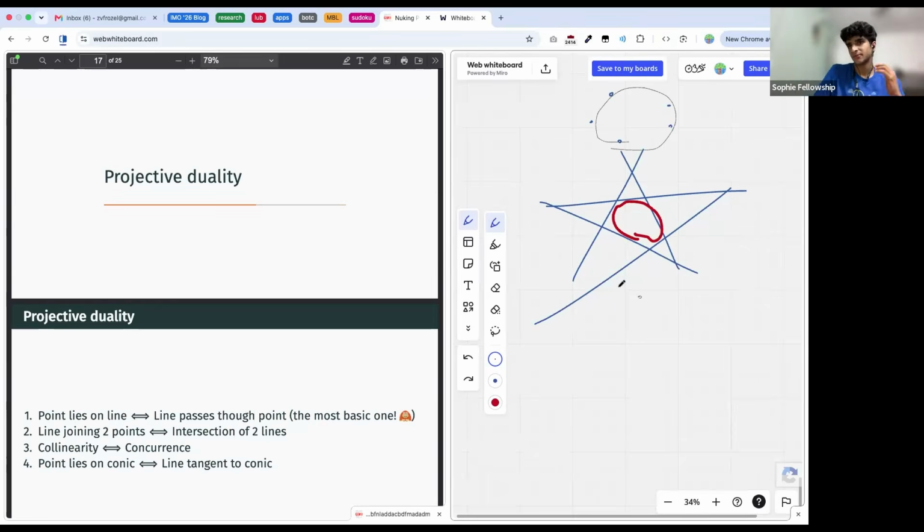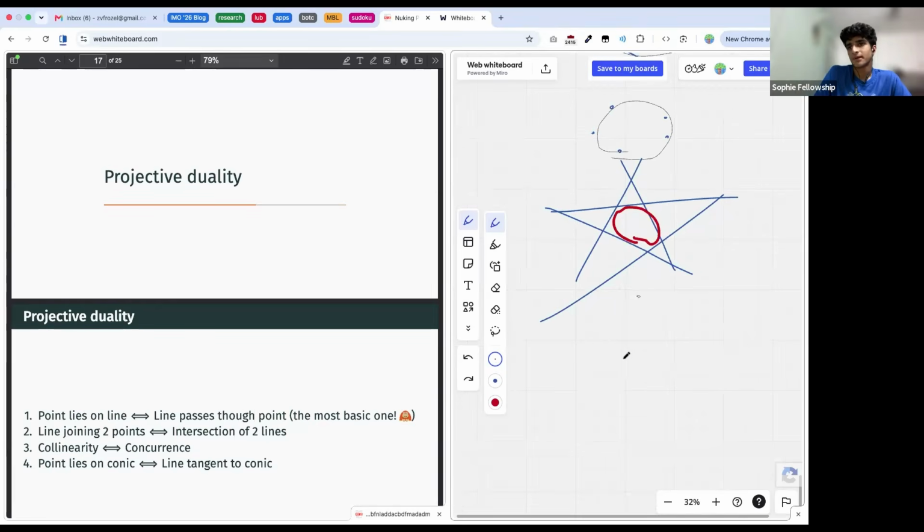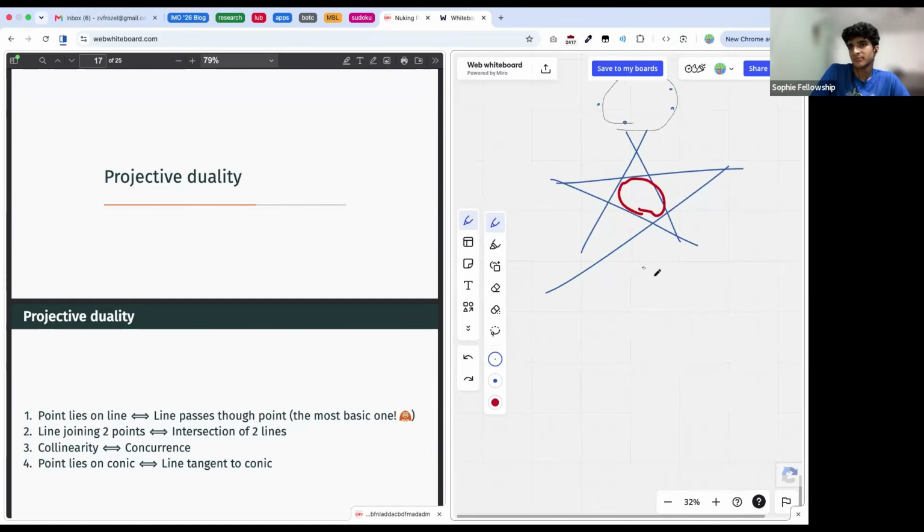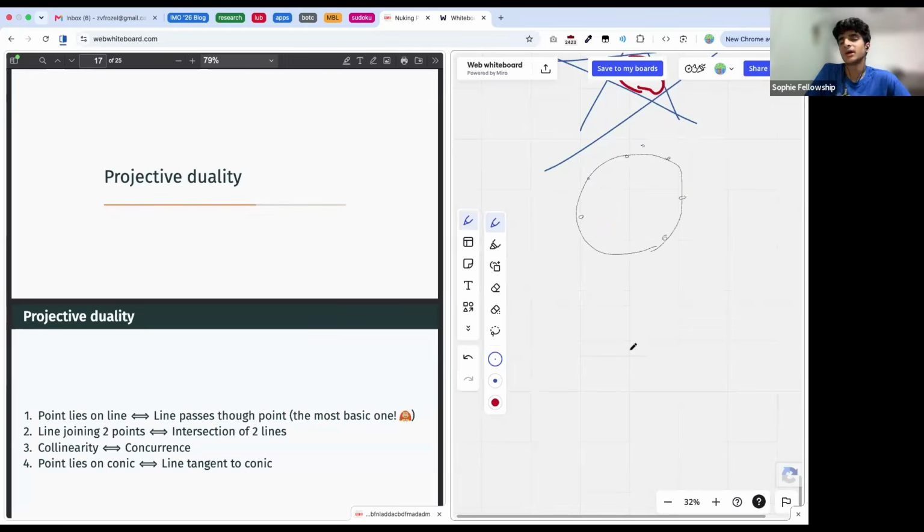To make this clear, we're going to actually do duality on something. Remember back in the statement of Pascal, we had 6 points that lie on a conic. Now in the dual statement, we would want 6 lines that are tangent to some conic. So we're going to draw a conic, and we're going to have 6 lines.